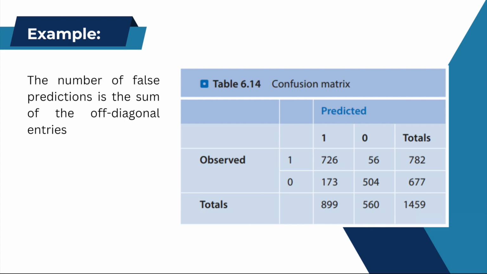The number of false predictions is the sum of the off-diagonal entries, 56 plus 173 equals 229. Thus, the misclassification rate in this example is 229 divided by 1459, which equals 15.7%, and this number means that the model would be wrong 15.7% of the time. If the number is too high, it means that the model is no longer reliable.